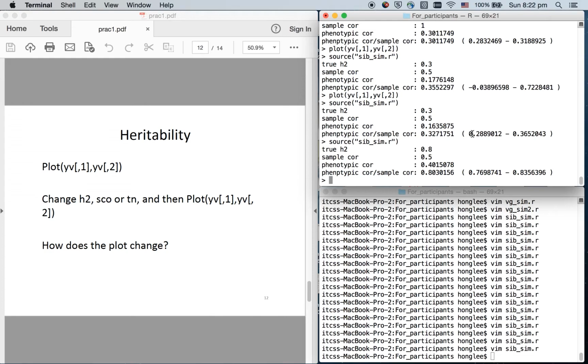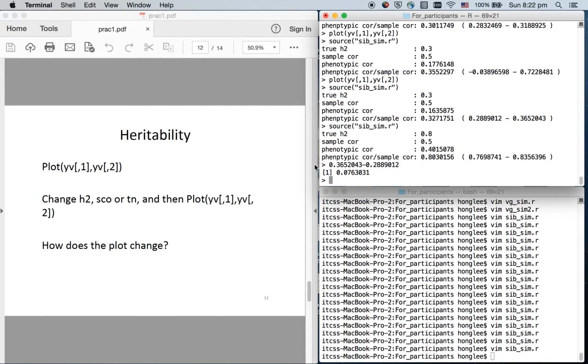Can you see what is the confidence interval? So this is around, we can do 0.3 minus 0.5. So this is the interval of the CI, right? Confidence interval, that's around 0.07.